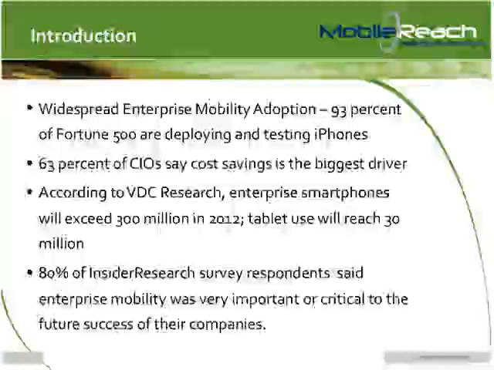They understand that this is a cost savings, and again, it's a juggernaut. It's exploding into business. Mobility in the enterprise has become very, very important, and you can see in this Insider Research survey, 80% of people say it's critical to the future success of their companies, and I'm sure you're feeling this, or you wouldn't be on this webinar.